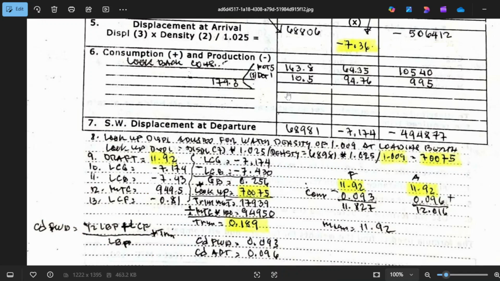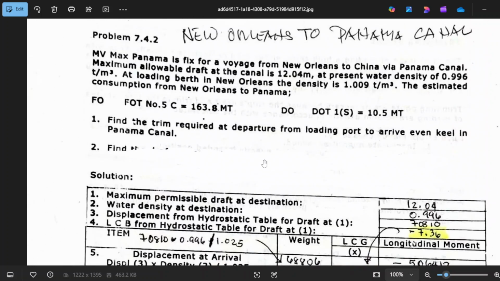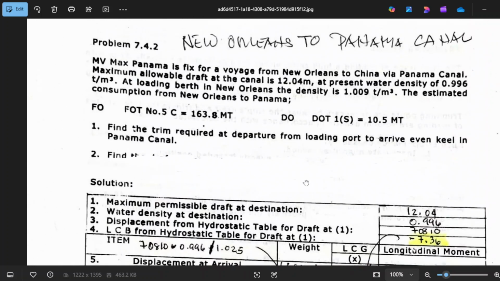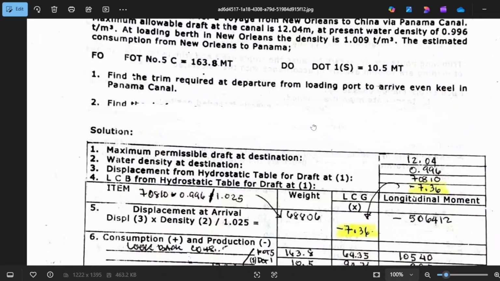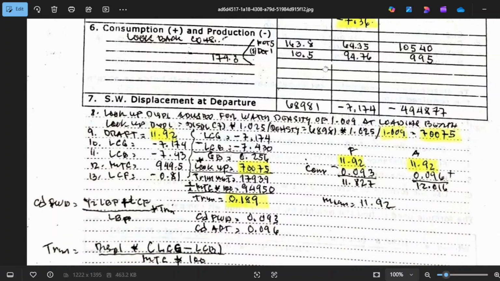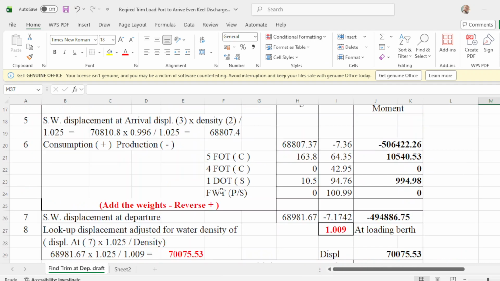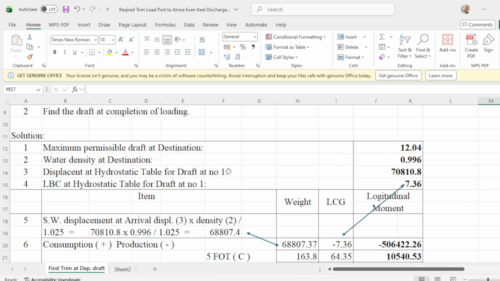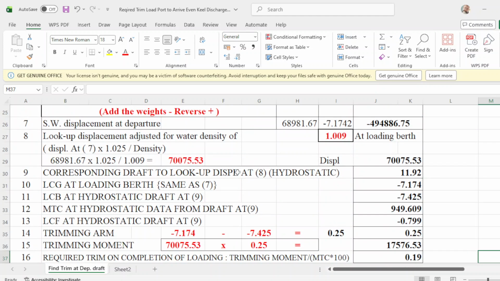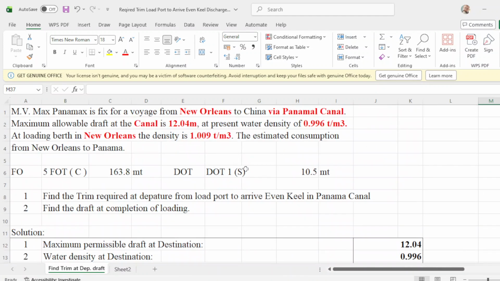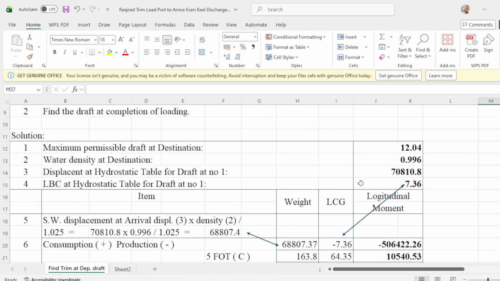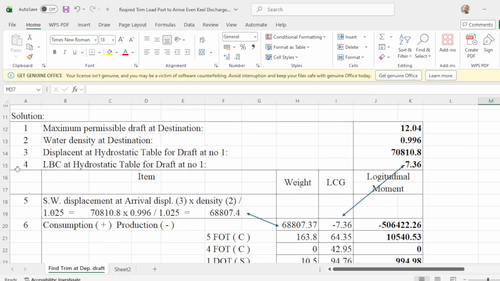So with this one, this is the original problem, and I made it to manual computation, which is this one, to better explain. And take note, guys, with this number 4 LBC, from this drop of 12.04, you take out the LBC, which is negative 7.36.